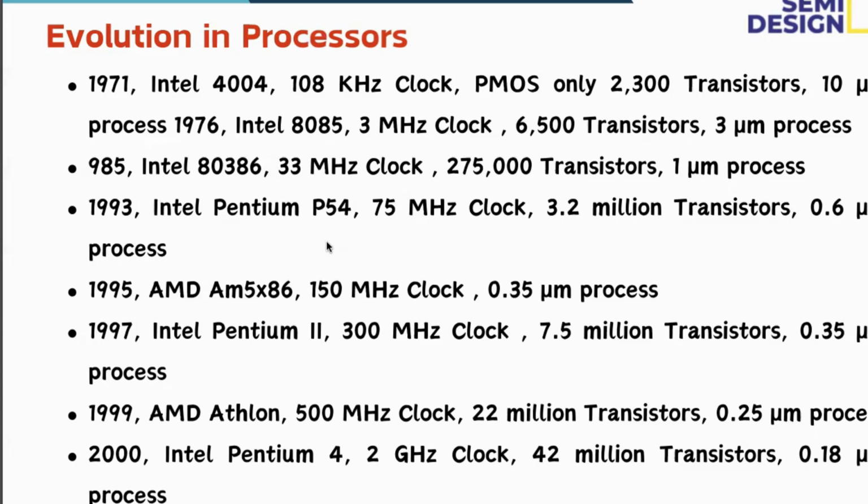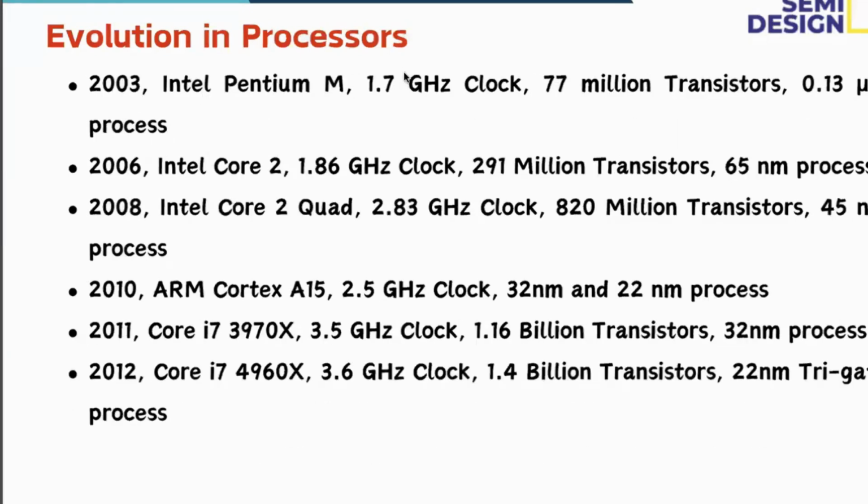So these are the different types of processors we have seen up to now. In 2002, 42 million transistors were used under 0.18 micrometer technology. And in 2003, Intel Pentium M with 77 million transistors. See, in terms of speed also, from kilohertz to gigahertz.